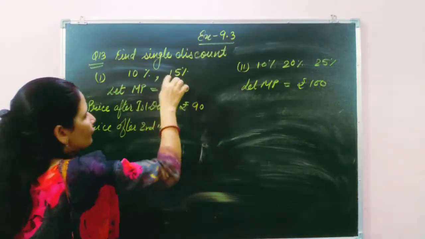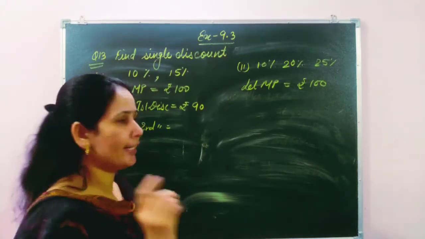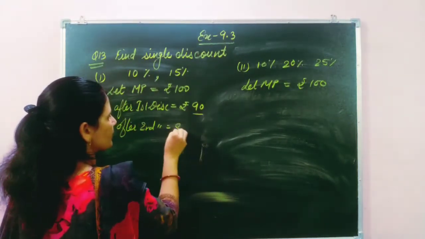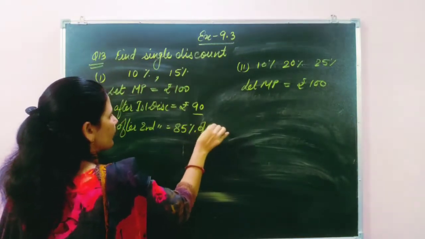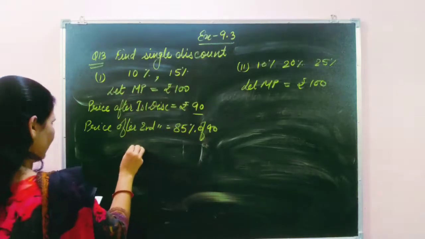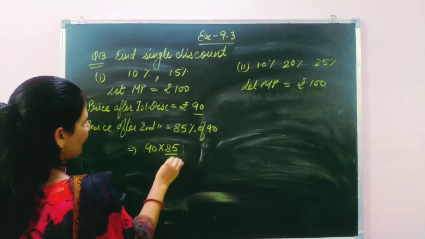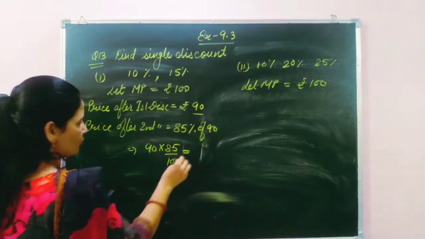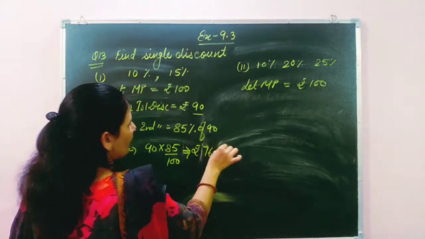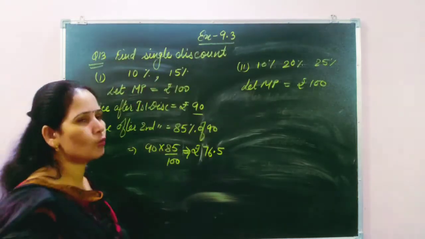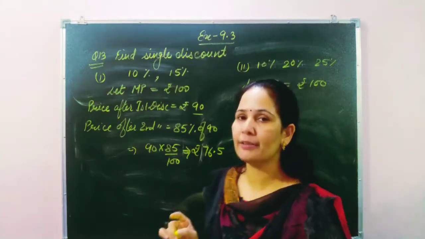Second discount is 15%. 100 minus 15, that means 85%. We have to find out 85% of 90. So 85% of 90 means 90 multiplied by 85 divided by 100. From here we get, students, rupees 76.5. Means after allowing these two discounts, the final price for the customer is rupees 76.5.